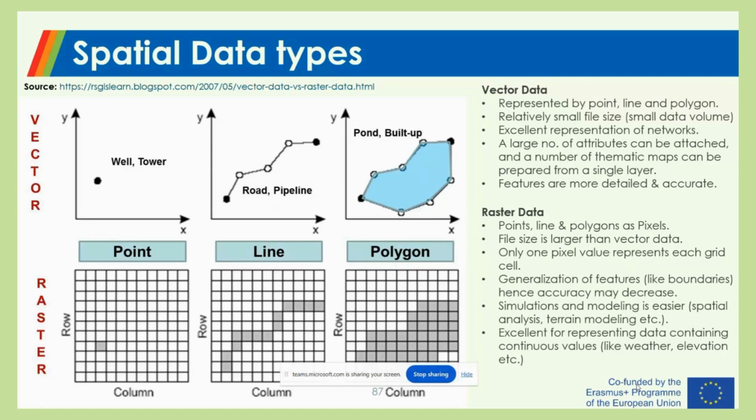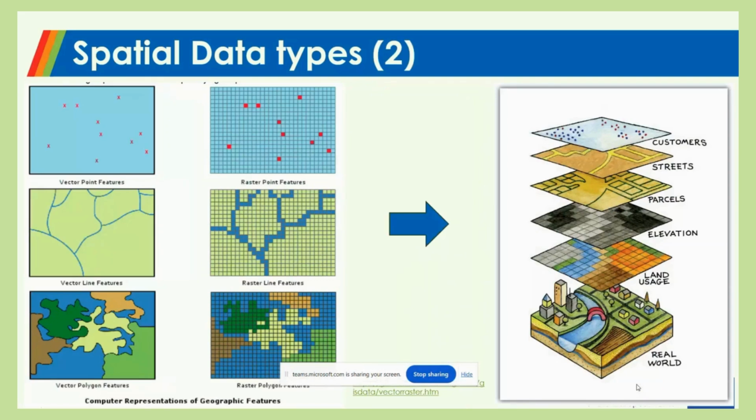We call it pixel-based data, like you see here on the bottom. It's like we are having different numbers of rows and columns with different pixels, and we see the difference and how vector data are transformed to raster data. Here is an example. On the left, we see some vector point features with this X mark.